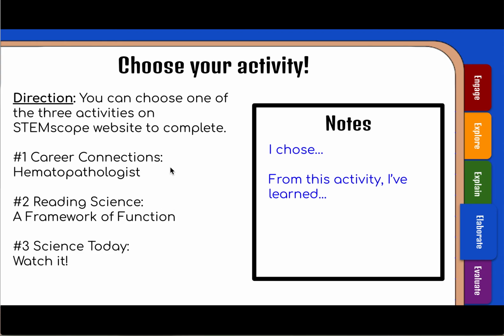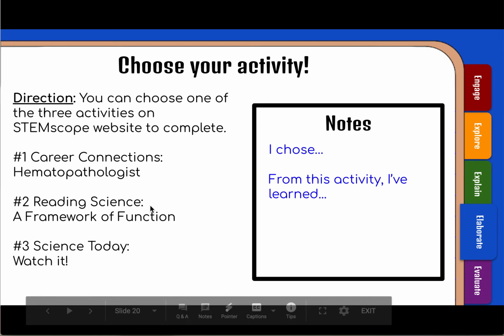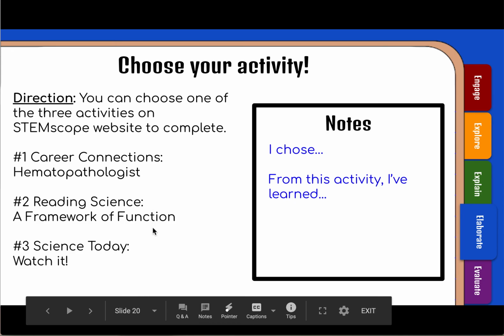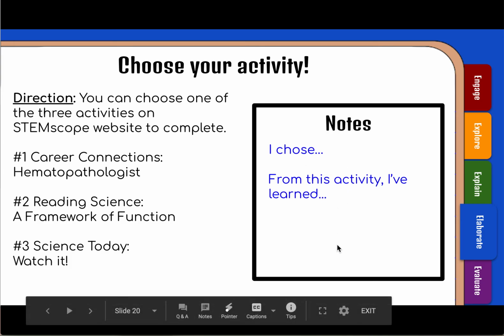Your choices include career connection, where you'll learn about what a hematopathologist is. The second choice, you'll be reading an article called A Framework of Function. And the third one, you will be watching a video called Science Today, Watch It. Again, just choose one of the 3 to complete. After you complete the activity, you write here what activity you chose and what you have learned from that activity.